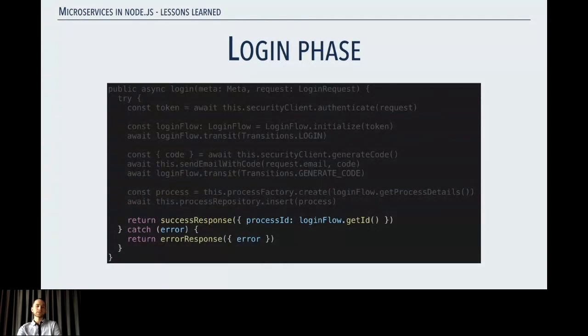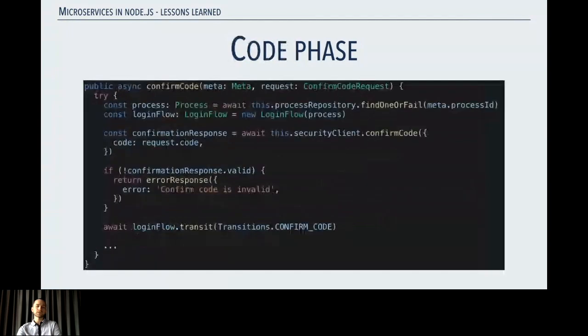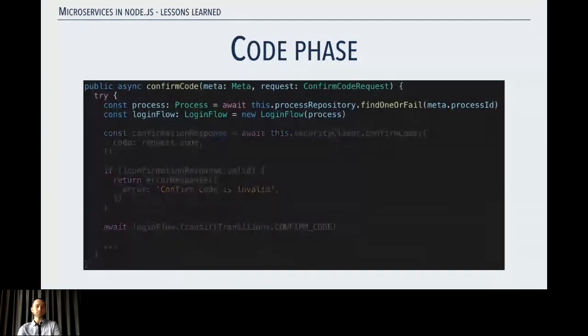So the next phase after the login phase is the phase of 2FA code confirmation. So first of all, we are trying to recreate our process and recreate our login flow and our state machine from that process ID sent to us.